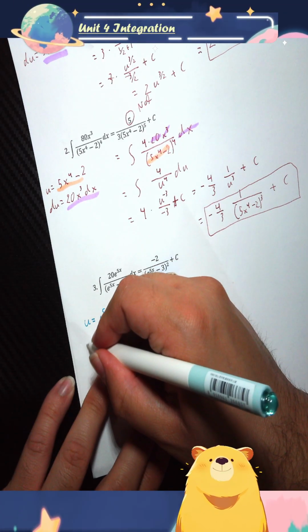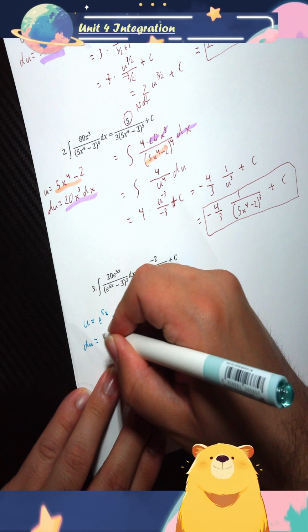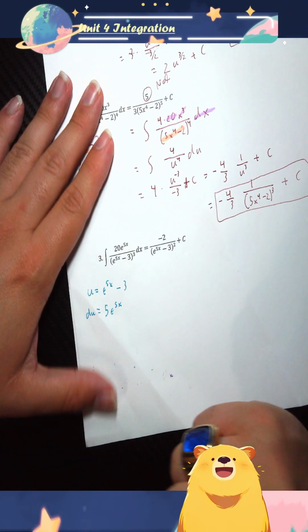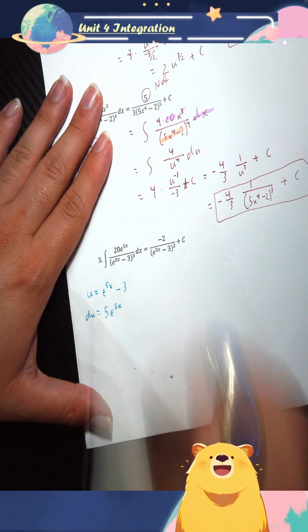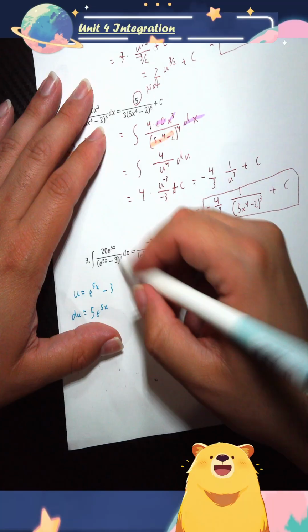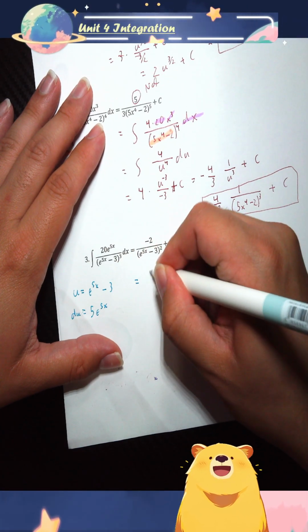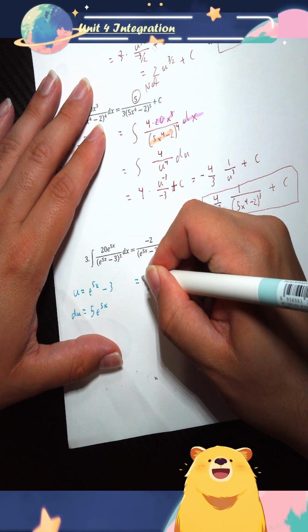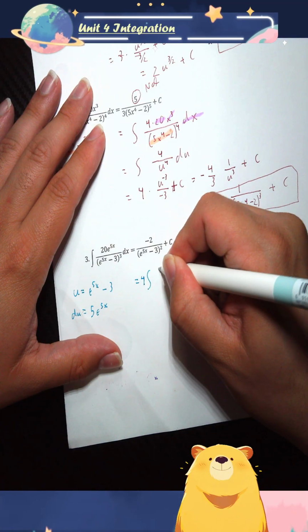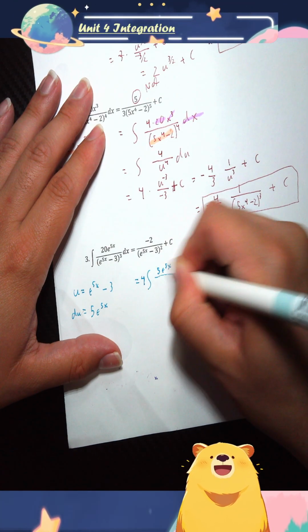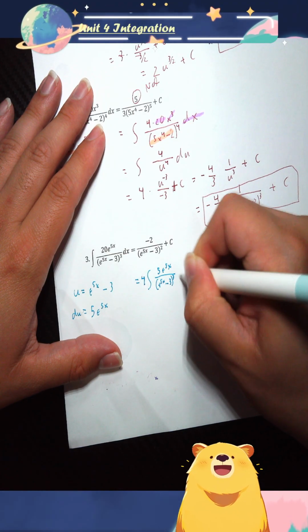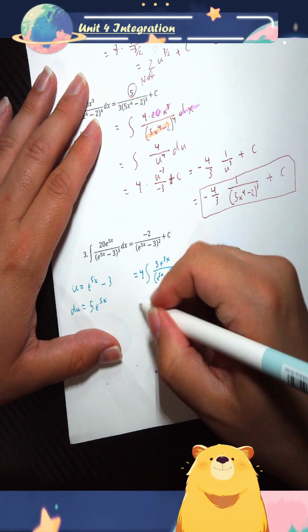u is e5x minus 3, and the derivative, du, is 5e5x. Now the only thing is, oh, actually no, this does pop up. We can just factor out the 5 from that 20. So the integral, I'm going to take it outside since that's how it'll appear at the end: 5e5x over e5x minus 3 to the power of 3 dx.